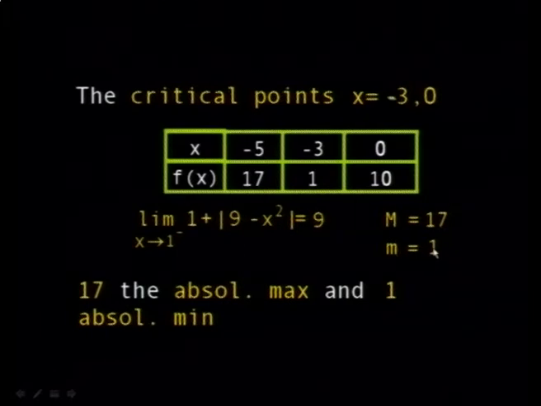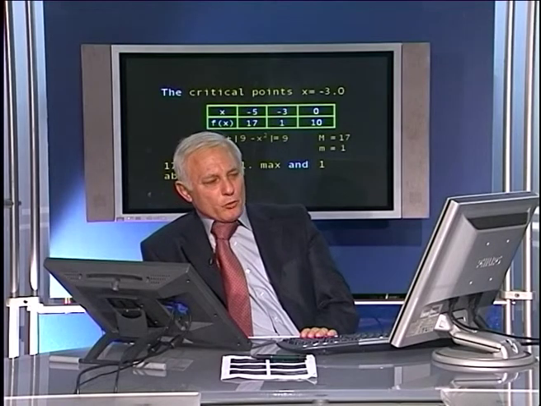If it was less than or equal to 1, then it would have been different. Here m is equal to 1, so m is less than the limit from the left-hand side at the point 1. So sure, this would be the absolute minimum.